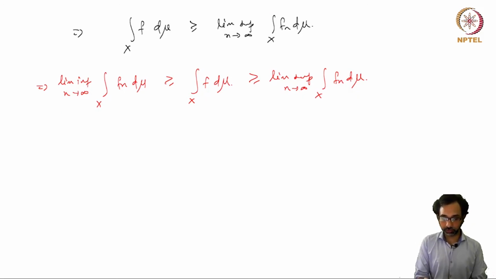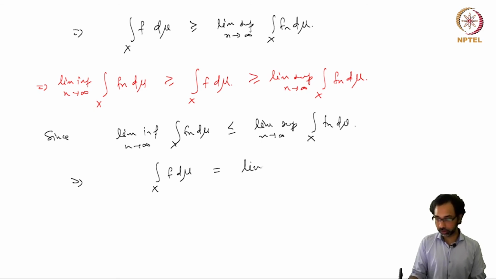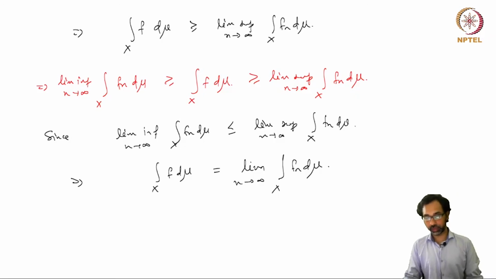And because we always have that lim inf as n tends to infinity of integral fn d mu is less than or equal to the lim sup, this implies what we need, which is that the integral of f d mu is equal to the lim sup, the lim inf and the limit. When they are all the same, we just write the limit of integral fn d mu, and this is the proof of the dominated convergence theorem.